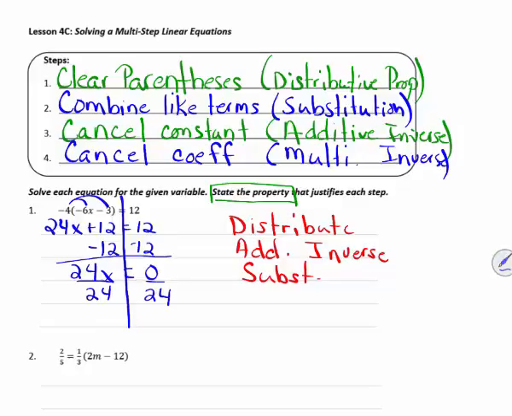And when I divide by 24, that's my multiplicative inverse, which is going to leave me, I'm actually going to do the math now. 0 divided by 24 is 0. That's a substitution. So yes, it seems silly. You're going to do more of this when you take algebra next year.